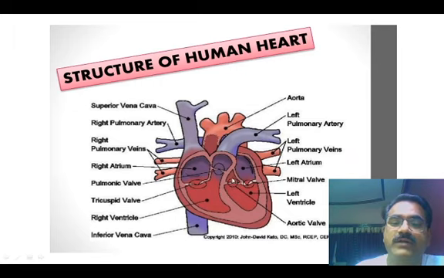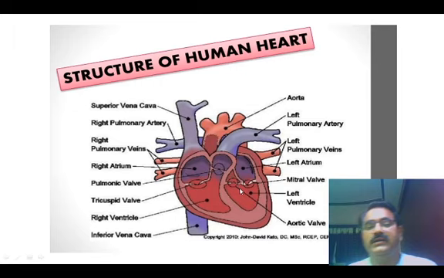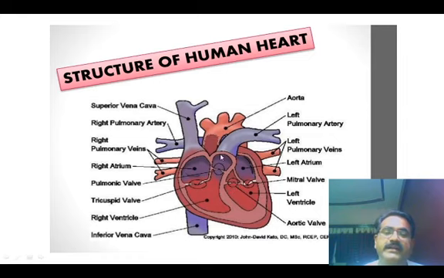These aortic valves also prevent the backward movement of the blood from the dorsal aorta to the left ventricle. So from the dorsal aorta the pure blood is transported to the different parts of the body. Okay, so this is the diagrammatic presentation of the structure of the heart in human beings.